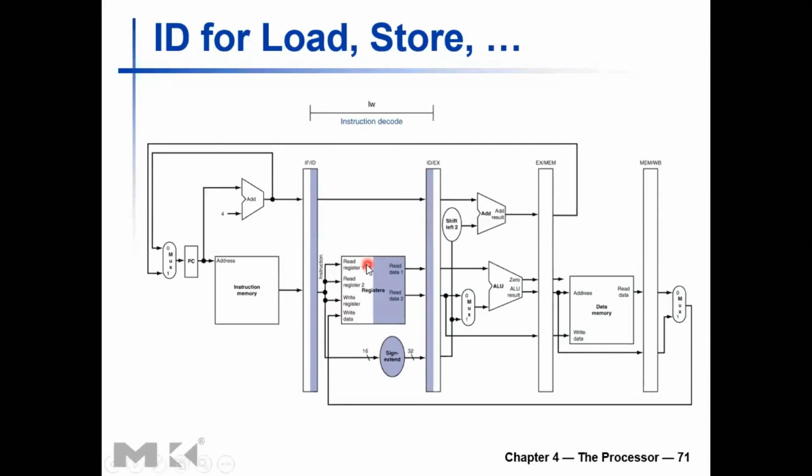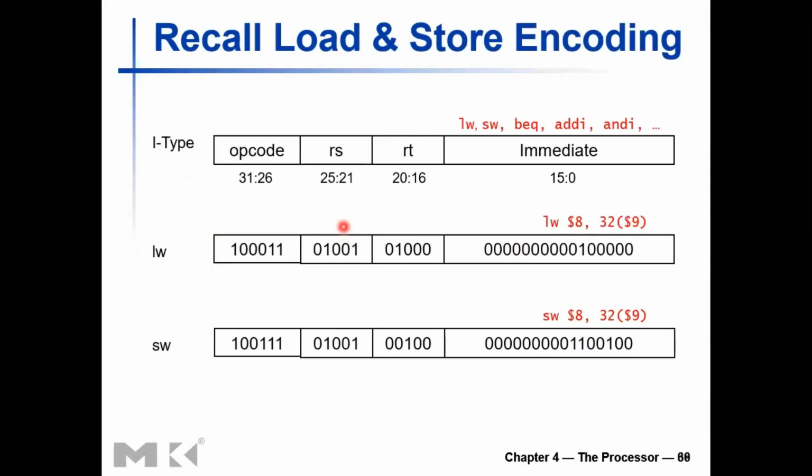You need to provide certain pieces of your instruction word into these places, right? So just forget about the control for the moment. Let's only look at the register file, right? So if we quickly go back to our instruction format, now we have two register addresses, RS and RT, from bits 21 to 25 and 16 to 20, right?